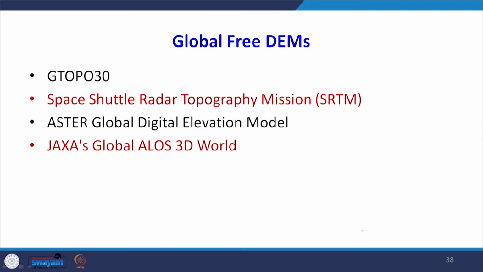Maybe one can actually go to some of the sites which you can see as global free DEMs. So there are free digital elevation models available for the entire globe. These are some of the sites, some of the models: GTOPO30, Shuttle Radar Topographic Mission, which is called SRTM, ASTER global digital elevation model is available, and JAXA Global ALOS 3D World.